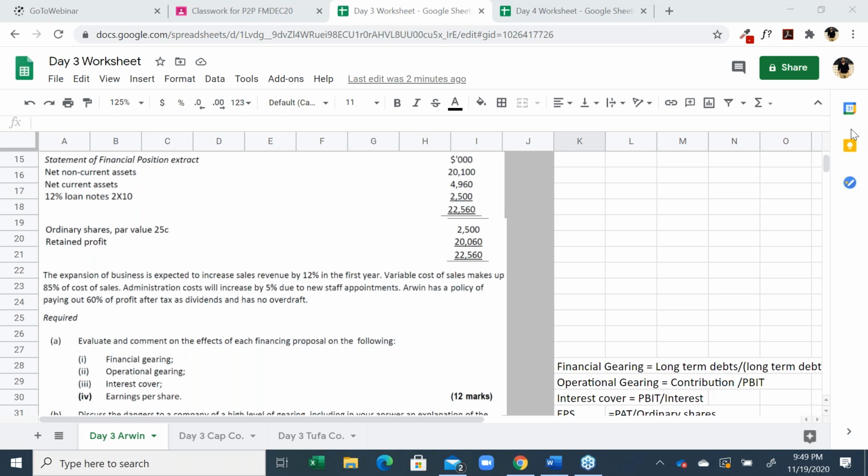So sales, what will be the change in sales? How much will be the change in sales? 12% increase. So the sales figure currently is 50,000 into 1.12.